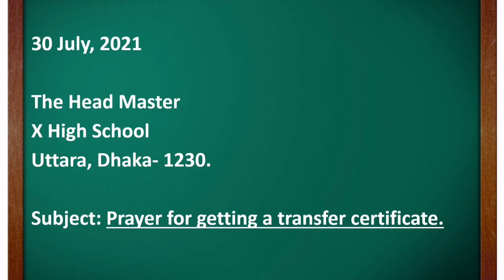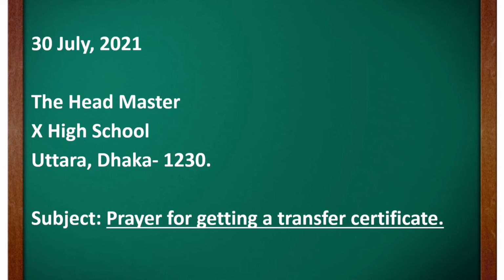Dear students, as I have discussed the format and even showed you a sample question, I hope all of you have understood what the format will be and how the question will be set in the question paper. Now, let's see a full format of an application or a formal letter. Here you can see, as I told you before, the date is written: 30 July 2021.